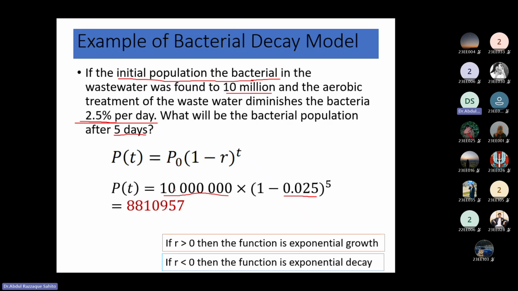So the total population available at the initial stage, when the time is 0, is 10 million, and it now decreases to 8.81 million. Yes, do you have any question? Did you understand that? Sure.